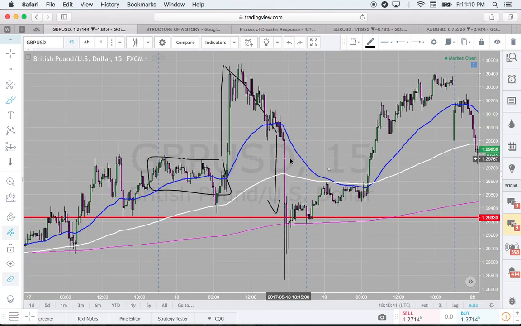A flash crash that happened out of nowhere. It was like a 200 pip crash or a 100 pip crash and there was no news, nothing. And the retail traders didn't know why it happened. And this is exactly why it happened.